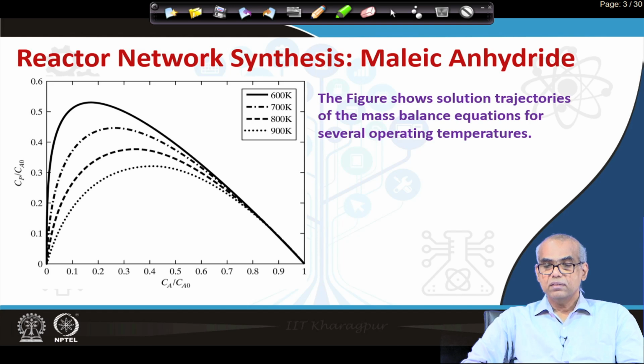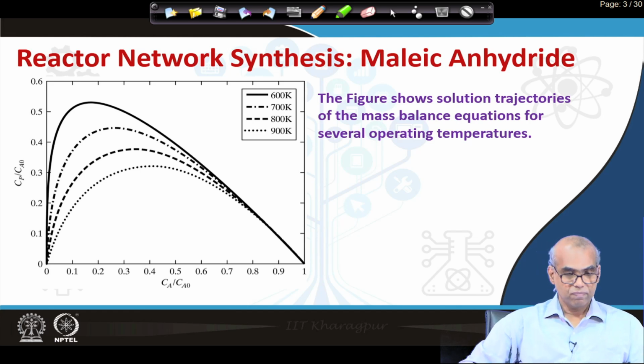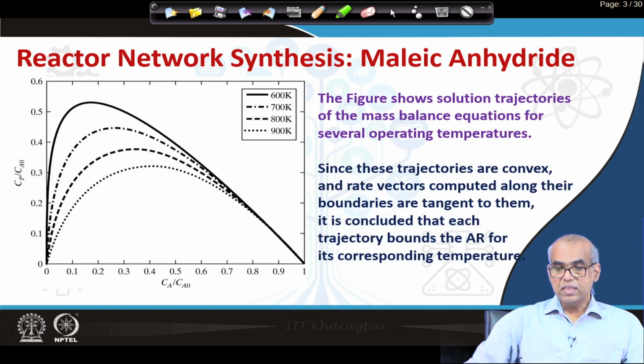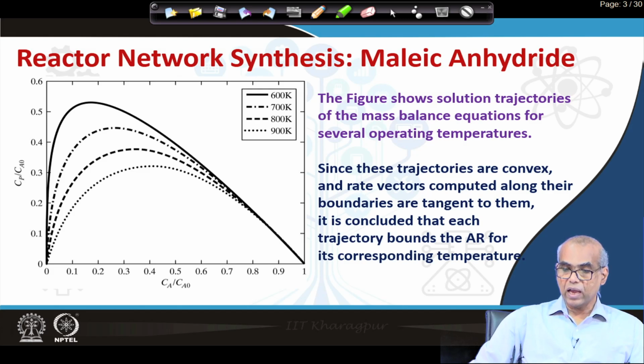Now, we obtain the trajectories by solving the mass balance equations for various operating temperatures, for example, 600, 700, 800 and 900. These trajectories are convex and the rate vectors computed along their boundaries are tangent to them. So, we can conclude that each trajectory bounds the attainable region for its corresponding temperature.